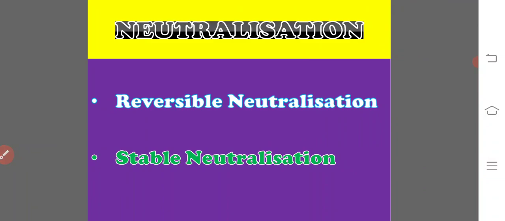There are two types of neutralization, namely reversible neutralization and stable neutralization. Let us see one by one. Reversible neutralization: the neutralization process can be reversed by diluting the antigen antibody mixture within a short time of the formation of the antigen antibody complex, that is usually within 30 minutes.